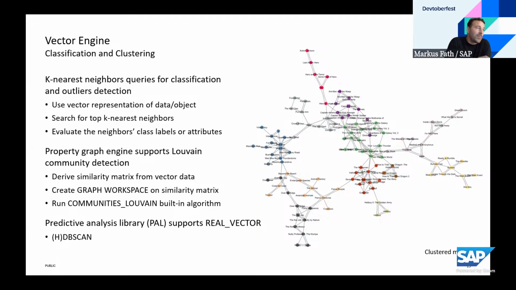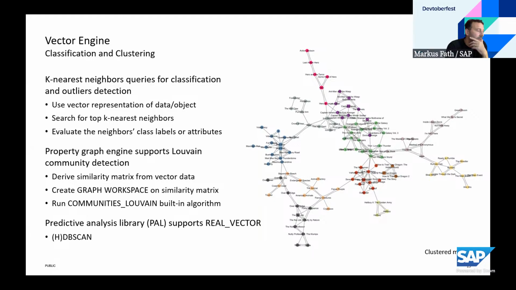Now, a little bit more advanced is classification and clustering. You could think about a classification approach. For example, if you look at your product descriptions, you would simply run a k-nearest neighbor search for your query description, and then evaluate the class labels of the nearest neighbors, the most similar product descriptions, in order to assign a class label to your query document.